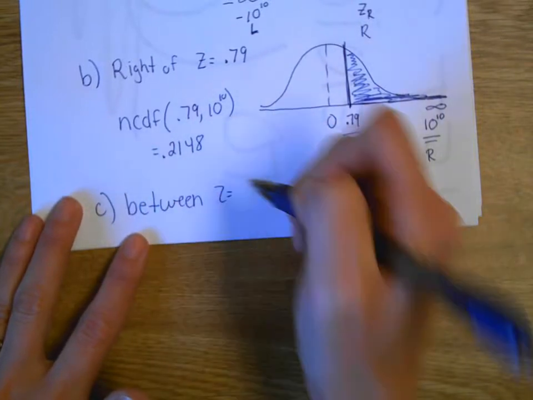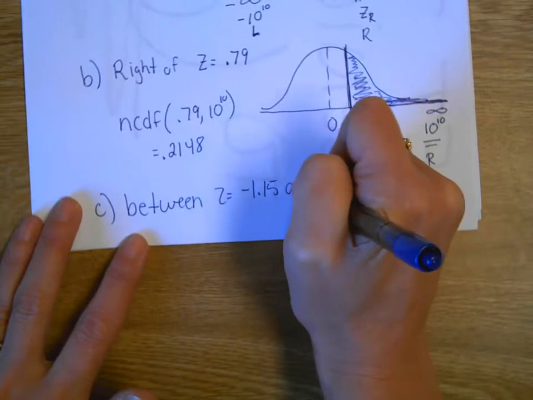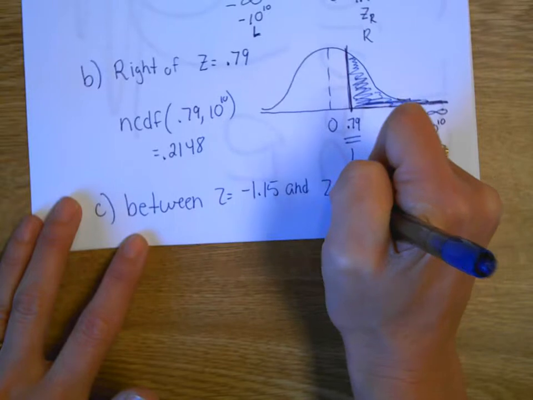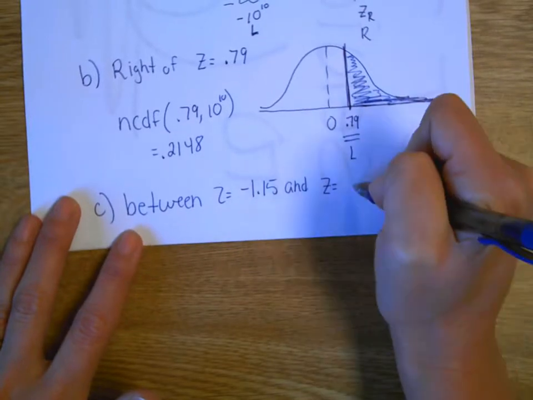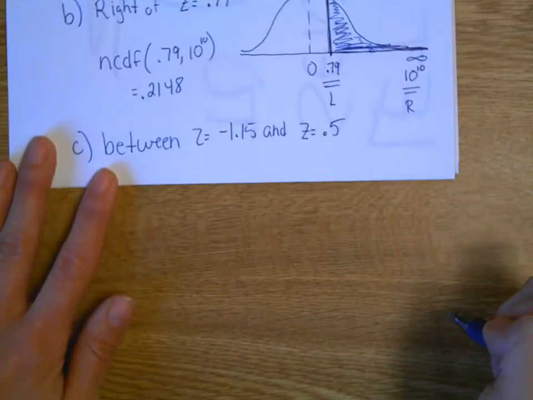Now let's go between a z-score of negative 1.15 and a z-score of 0.5. Find that area.